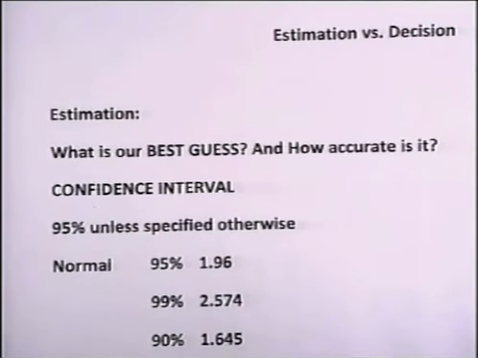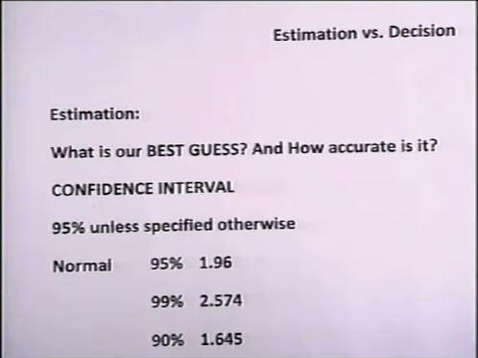And so when we do this with confidence intervals, and this will be the next module, we're going to be figuring out what is our best guess, and then with that we have to answer how accurate is it. Well, the accuracy comes in the form of a confidence interval. A confidence interval tells us how good the number is.